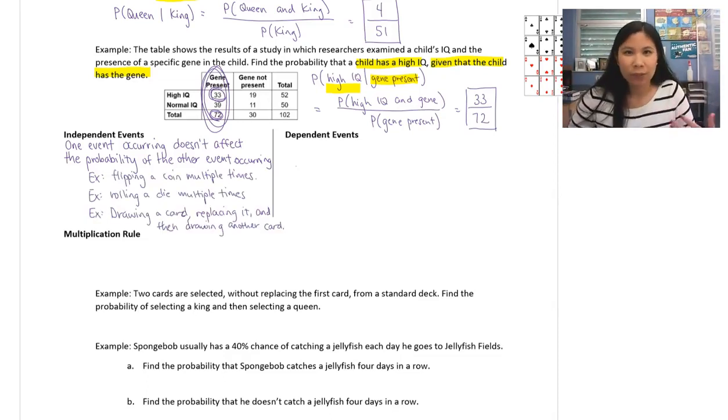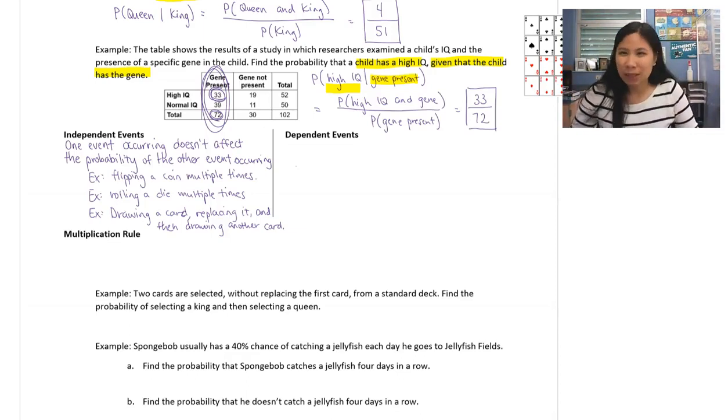Another example is if I roll a die once, get a 3 or whatever, and I'm looking for the probability of getting another 3, then it's still going to be the same probability as before, 1/6, because it's not like the die remembers, oh, I got a 3 the first time, let me not roll a 3 anymore. So that probability doesn't change the more times you roll the die, so that's still considered independent.